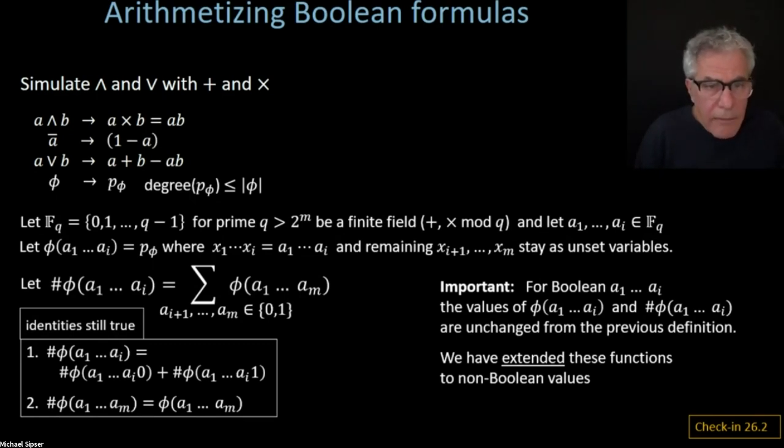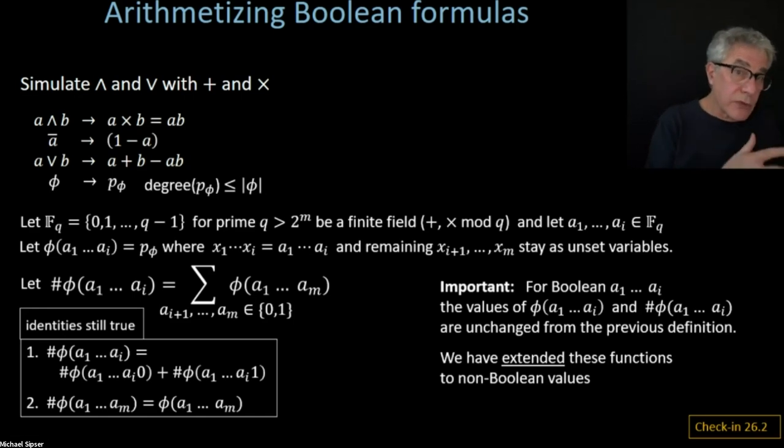Let's see. Why does the OR rule now contain the minus AB term while the previous instance of arithmetization didn't? Remember, in the case of branching programs, we didn't need the minus AB term, and that was because we could argue that it was a disjoint OR. I don't want to get confusing by trying to explain why that was, but in that earlier case, we never took an OR of two ones.